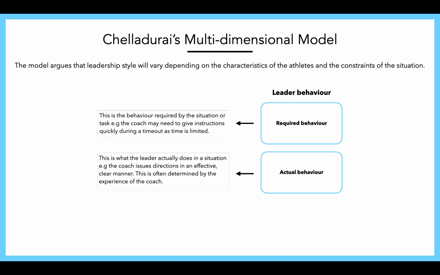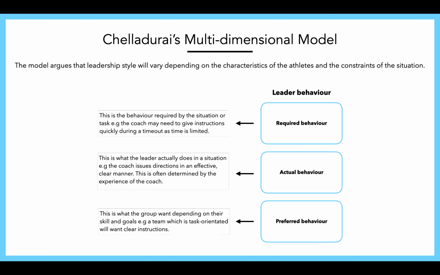Actual behavior, this is what the leader actually does in a situation. So you might have an idea in your head, but you might not go with it. Okay, so it's what you actually do. So the coach issues directions in an effective, clear manner. So this is often determined by the experience of the coach. So the more experienced you are, you know what to say, you know how to deliver messages in a shorter period of time and much clearer, just as one example.